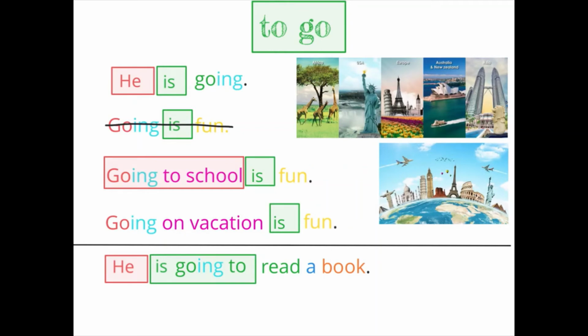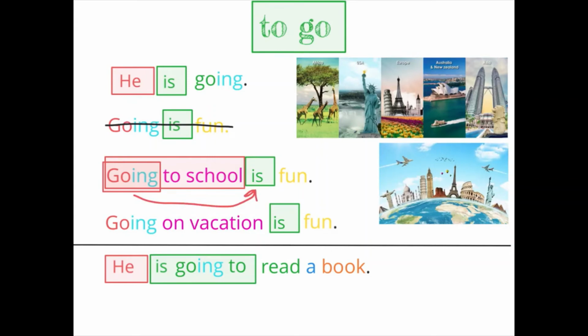So we have to look at our words here in our subject, and we need to remember that when we are using the gerund form of the verb go, which is right here, that's going to be the word that we match to our verb.